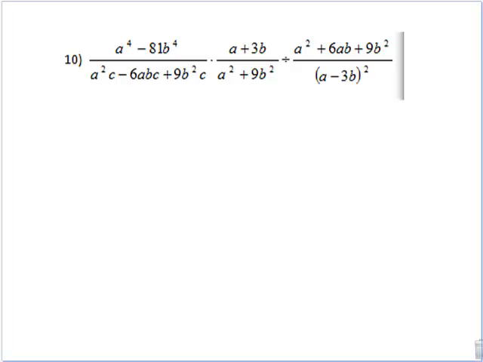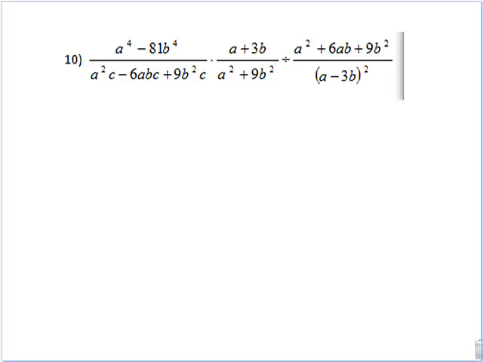So this has a to the 4th minus 81b to the 4th all over a squared c minus 6abc plus 9b squared c, times a plus 3b over a squared plus 9b squared, and then divided by a squared plus 6ab plus 9b squared all over a minus 3b squared. I think it does look kind of fun.